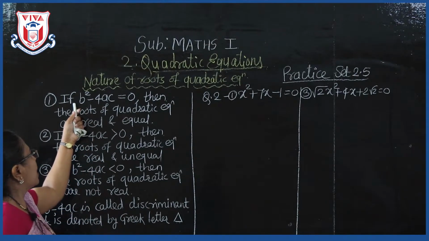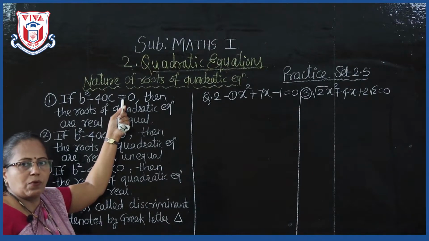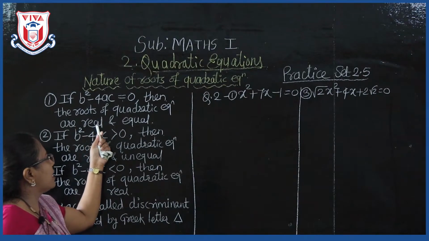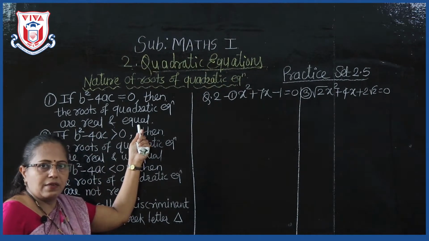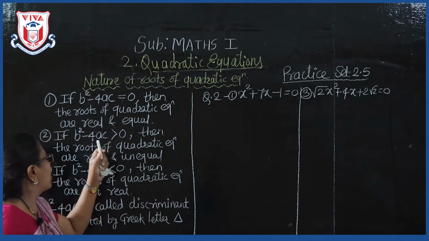First, if b square minus 4ac is equal to 0, then the roots of the quadratic equation are real and equal. They are real numbers, but both the roots are equal.